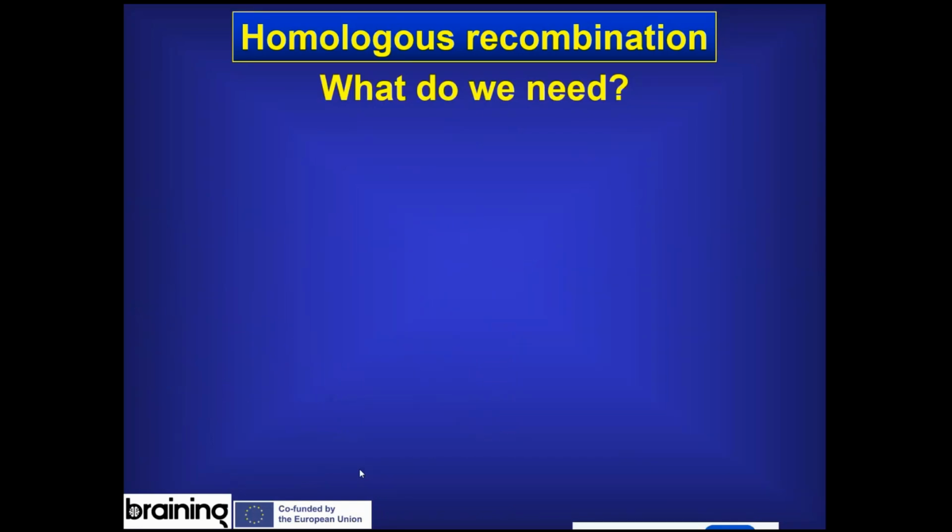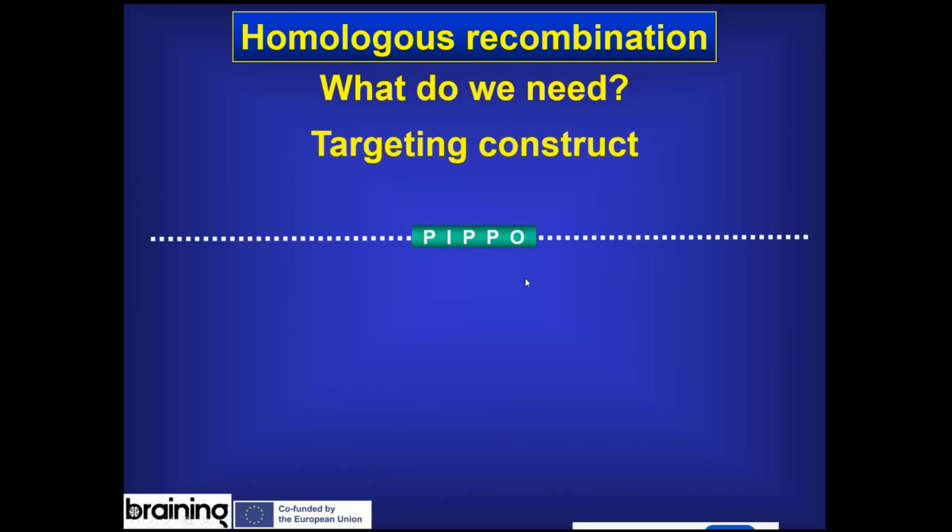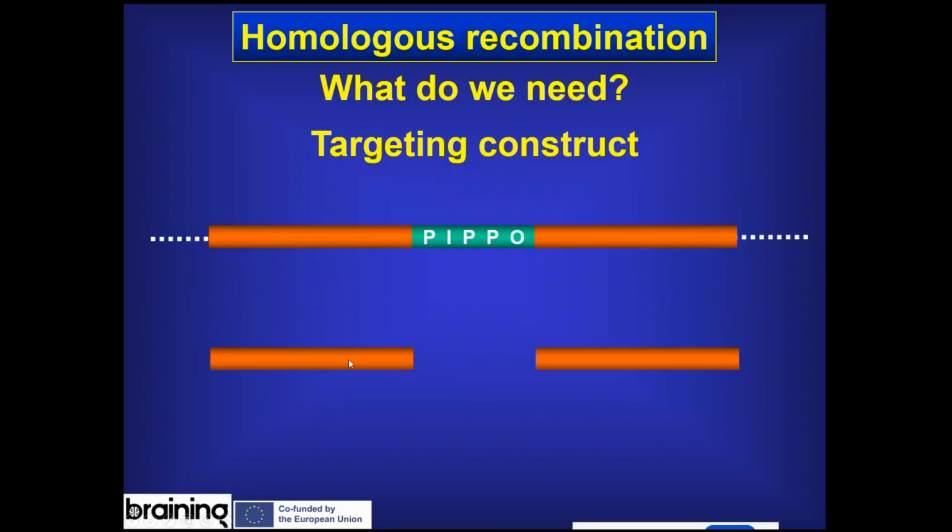So I said what embryonic stem cells are, but then we also need a targeting construct. Let's imagine that we know the whole genome of the mouse. We want to target this PIPO gene. And we know that before and after this PIPO gene, we have a given sequence of DNA that we know. So we can clone these sequences and insert them around a neomycin resistance cassette.